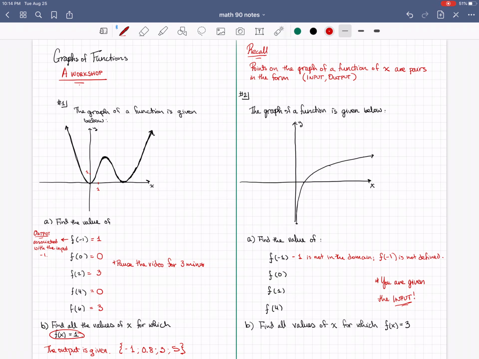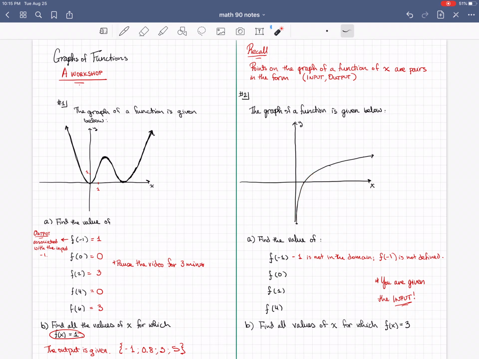So f of 0, right? So here is 0 on the x-axis, and then you scan up and down, and you notice exactly the same thing. Now, what's a little bit different is it looks like the graph of the function is approaching x-coordinate 0. The points on the graph seem to get closer and closer to 0, but they never quite get there.